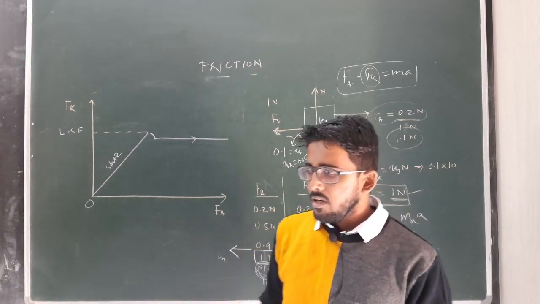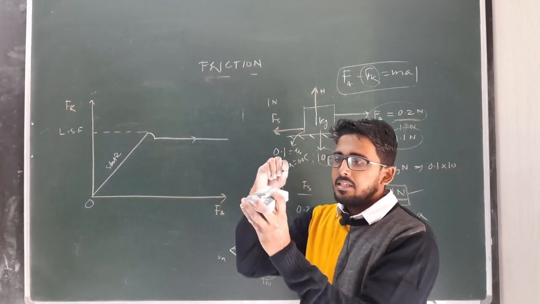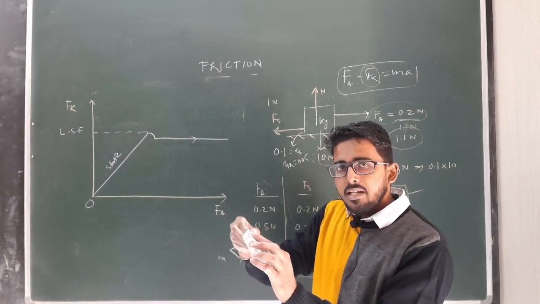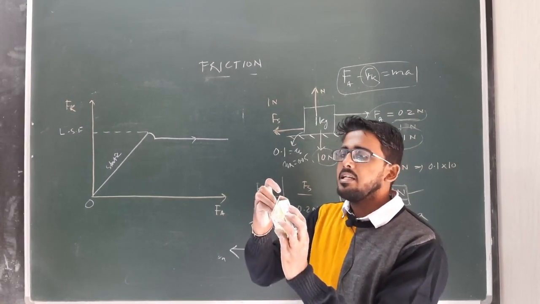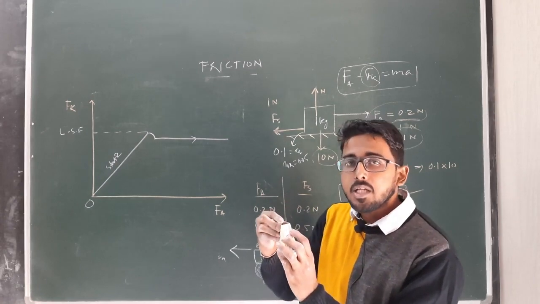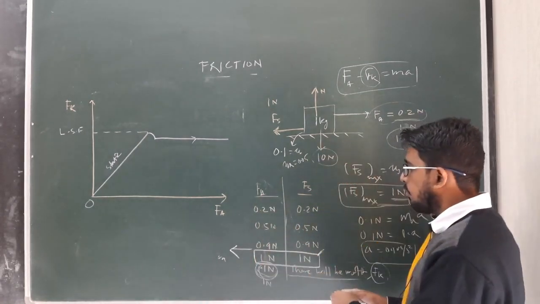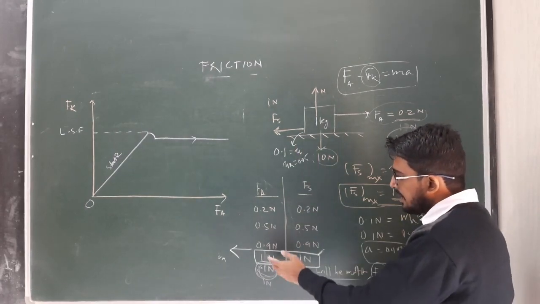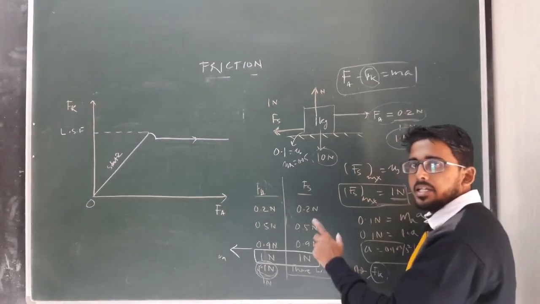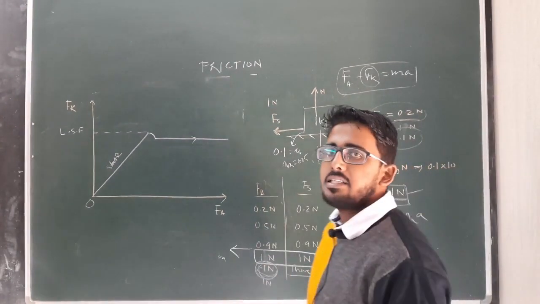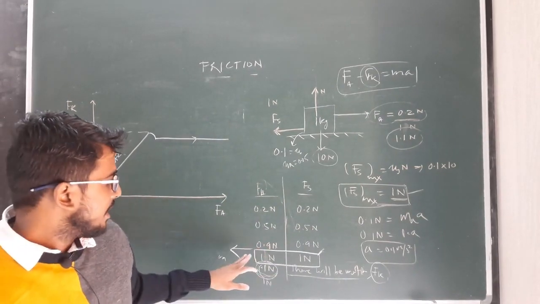For example, if this is a box and I can't open it, it gets jammed, so I have to apply a large force to open it, but once it opens, that much force is not required further. The same case happens here. Once the motion starts, that limiting value of force is not required to maintain the motion, so we can decrease the applied force, or the frictional force decreases from that limiting value.